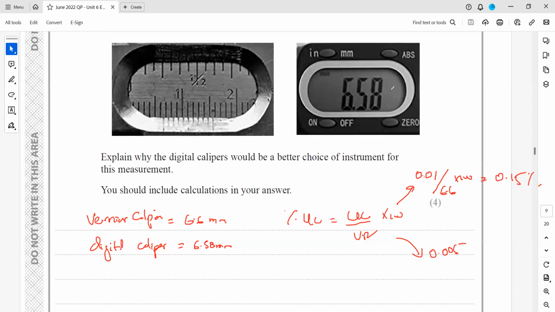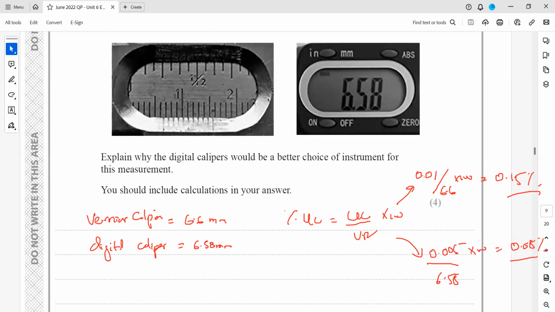Like it can measure to usually 3 decimal places divided by value recorded, which is 6.58 into 100. So this will be about 0.08%.